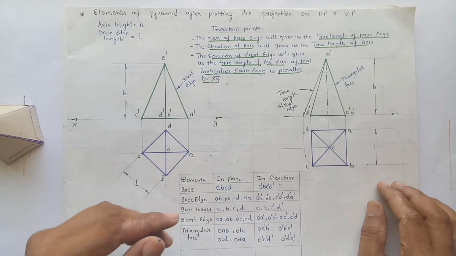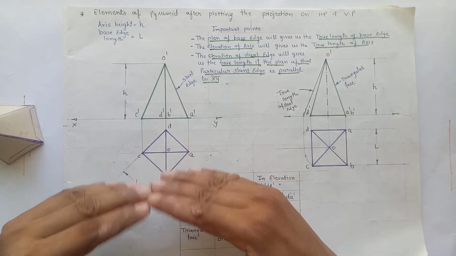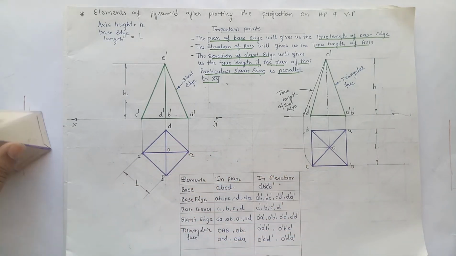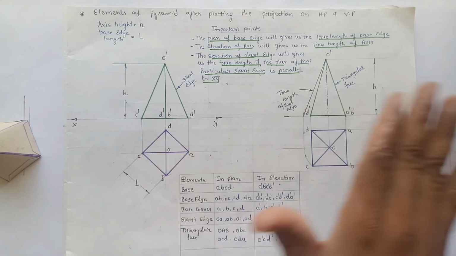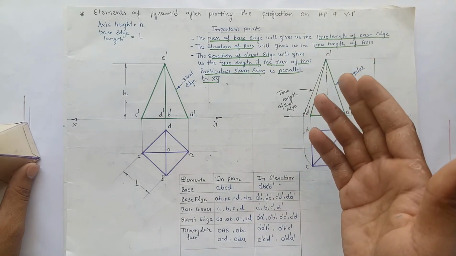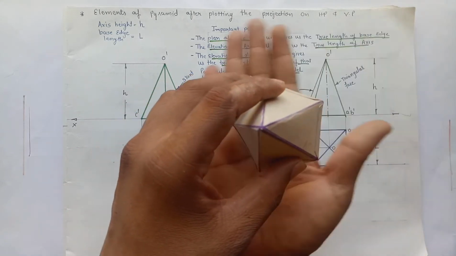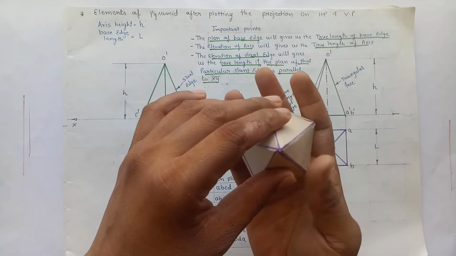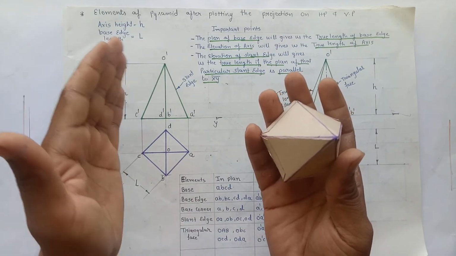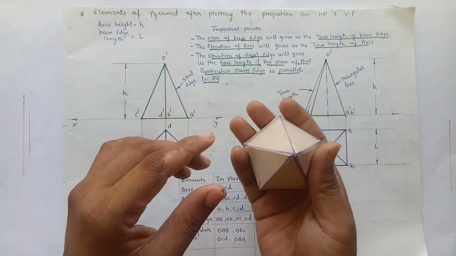Here again I am going to explain that the base is perpendicular to VP, that's why the elevation of the base is a line. We can also understand this by using the basics of projection of planes: if the plane is perpendicular to VP, the elevation of the plane will be a line.